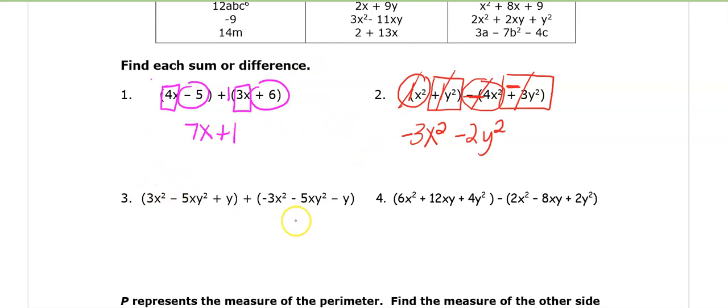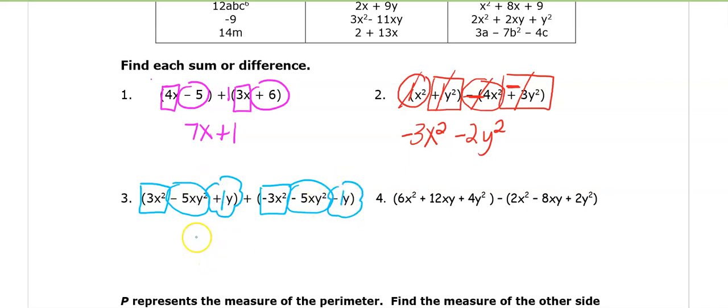I generally don't do this one in class, but we will go ahead and do it. It's a +1, so 1 times anything does not make a difference. So I'm simply going to combine like terms. I have a 3x squared minus 3x squared, xy squared, and then I have this. That's a 1, I want to remind myself, and that's a -1.